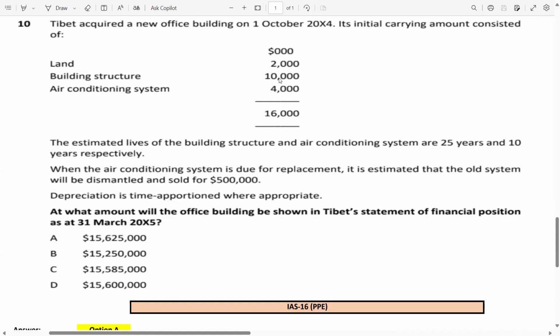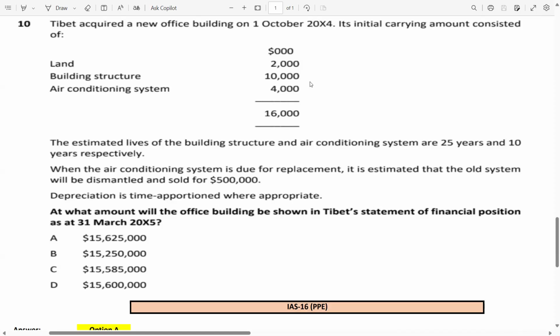Building structure is 10,000 at 1st October 2004 and the life is 25 years, so you have to depreciate it for 6 months. 10,000 divided by 25, multiplied by 6 divided by 12, you will get the 6-month depreciation. 10,000 minus the 6-month depreciation gives the carrying amount at 31st March 2005, which will be 9,800.